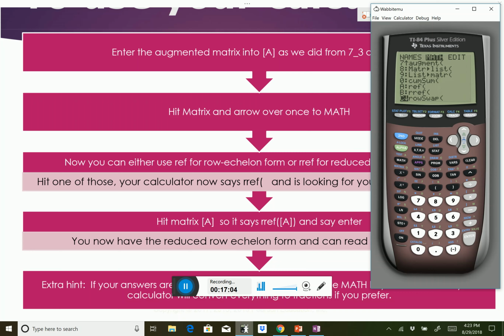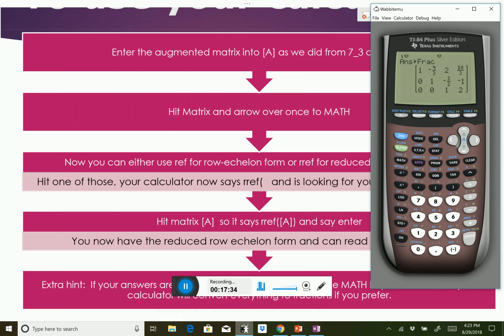The REF will give me row echelon form. Let's just look at that real quick. And this was matrix A, so I'm going to click that. I'm going to call matrix A back up. So second, x negative 1, matrix A. So I want to make that into fractions. Math to fraction. There we go. Okay. So I've made that into a fraction.